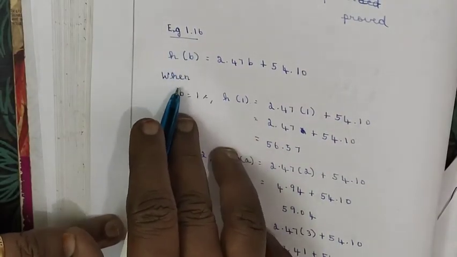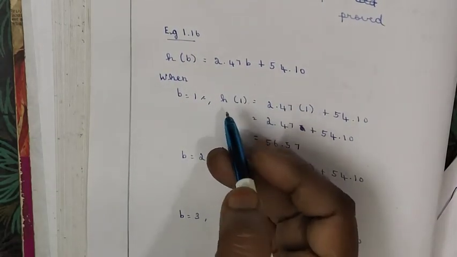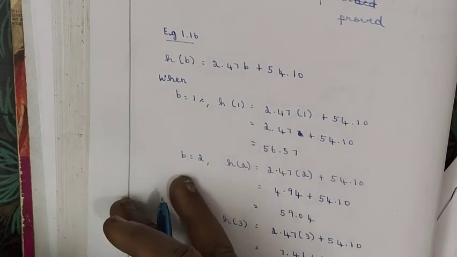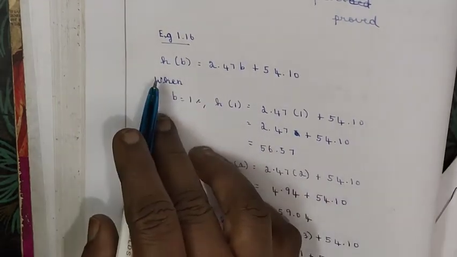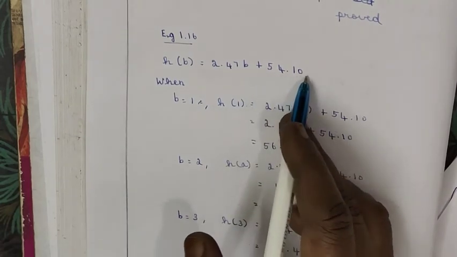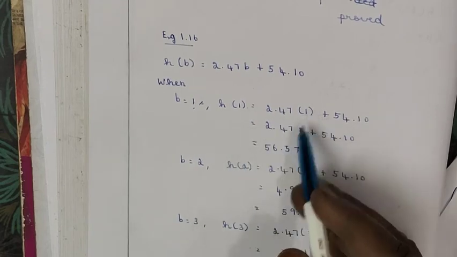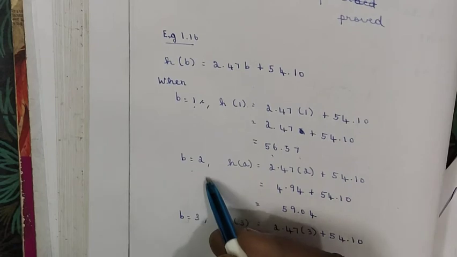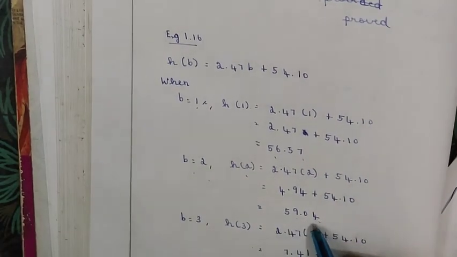Example 1.16. In order to find whether the given function is 1 to 1 or not, we have to find whether all the pre-images have distinct images using the formula. H of b is given as 2.47b plus 54.10. We can substitute the value 1 for b. So h of 1 gives you 56.37, and when b equal to 2, h of 2 gives you 59.04.